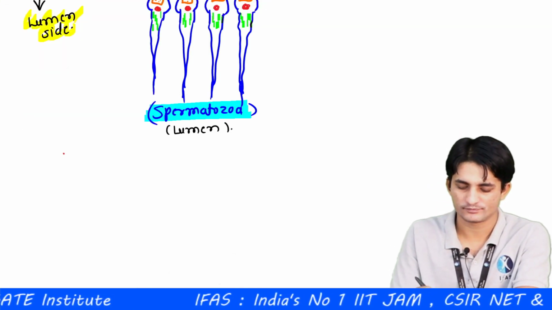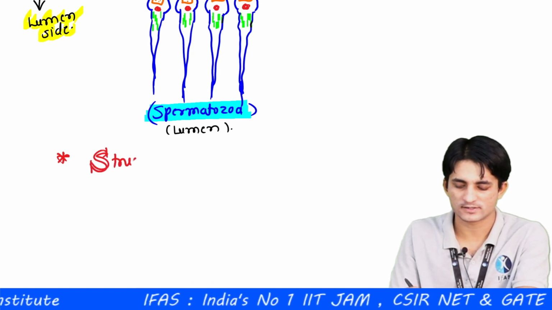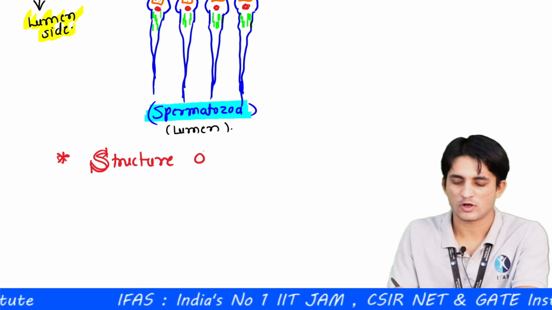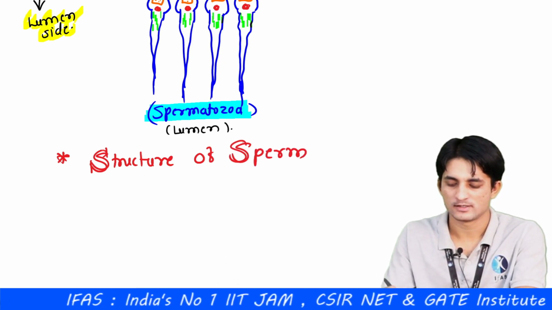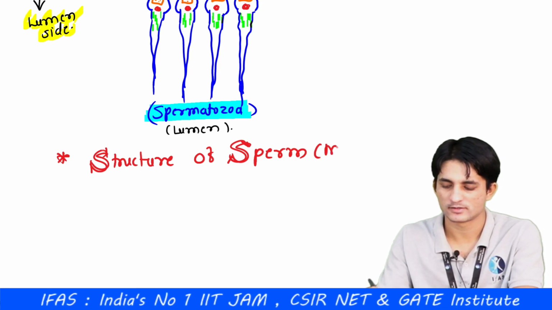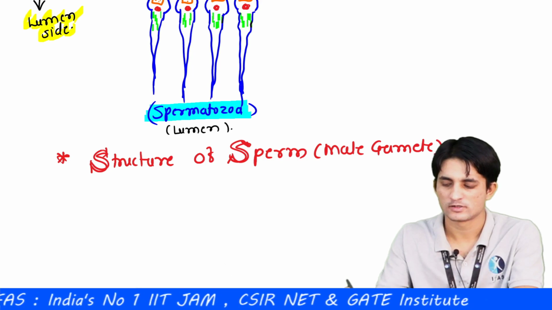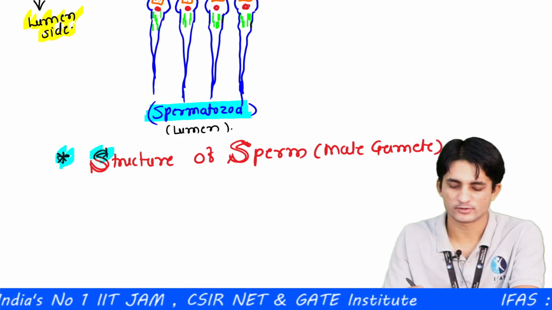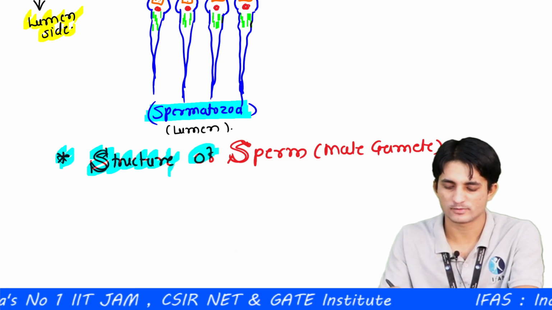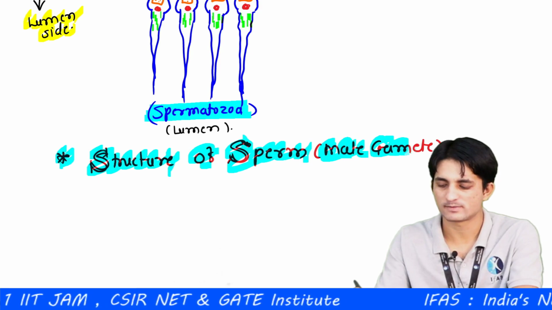So here we are discussing the structure of the sperm, that is the male gamete, which is produced in the seminiferous tubules, and the components of the sperms.